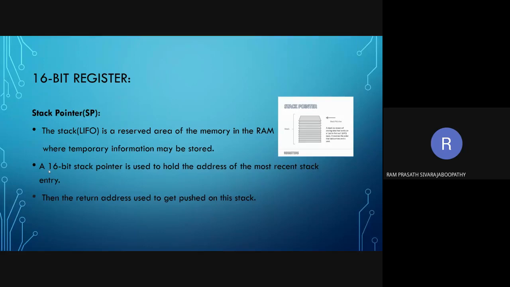Yes, sir. Super. Thank you so much. It is a reserved area of memory in RAM where temporary information might be stored. A 16-bit stack pointer is used to store an address, because if it's 16-bit, what can it store? Surely an address. So it stores the address of the most recent stack entry.